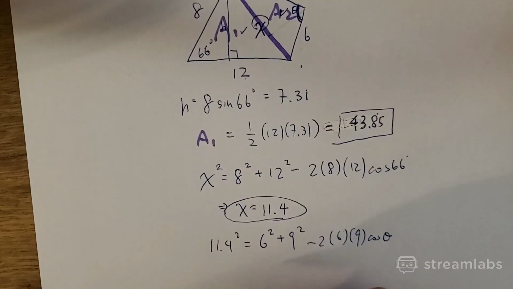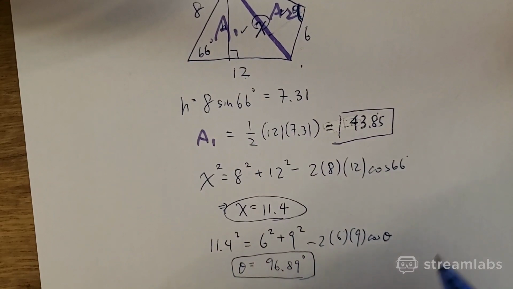Then you solve for theta. That ended up being 96.89 degrees. Why is this important?